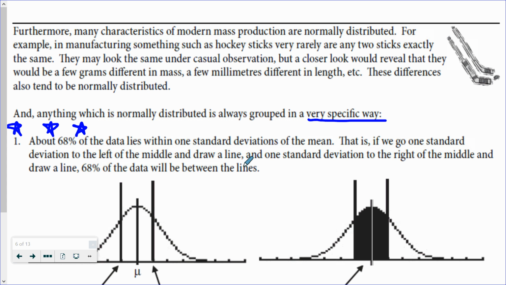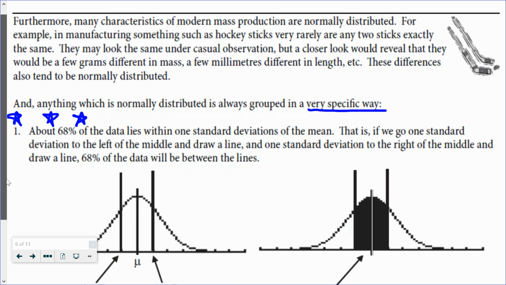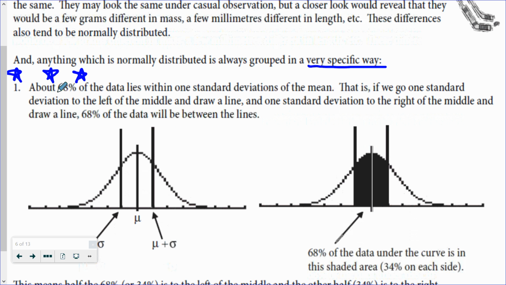So, number one, it says about 68% of the data lies within 1 standard deviation of the mean. So again, our mean being that x bar. If we took our mean and added 1 standard deviation or subtracted 1 standard deviation, I need my colors.